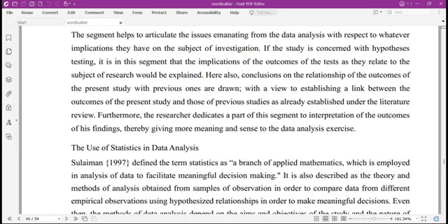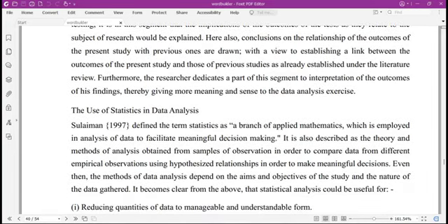It is also described as the theory and methods of analysis obtained from samples of observation in order to compare data from different empirical observations using hypothesized relationships in order to make meaningful decisions.